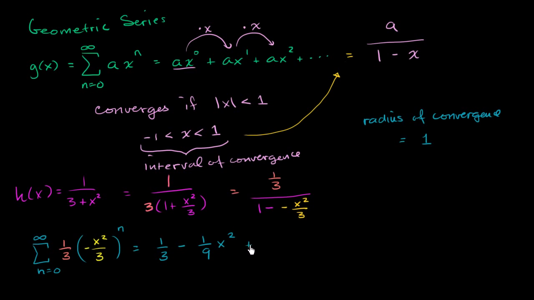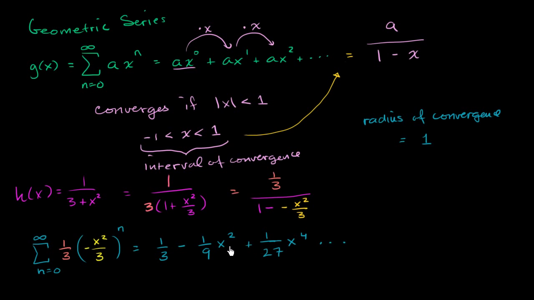So it's going to be plus, since a negative times a negative is a positive, 1 over 27 x to the 4th, x squared times x squared. And we just keep going on and on and on. And over the interval of convergence, this is going to converge to h of x.